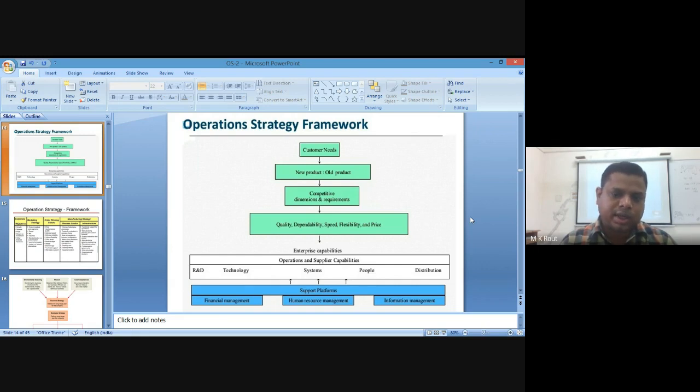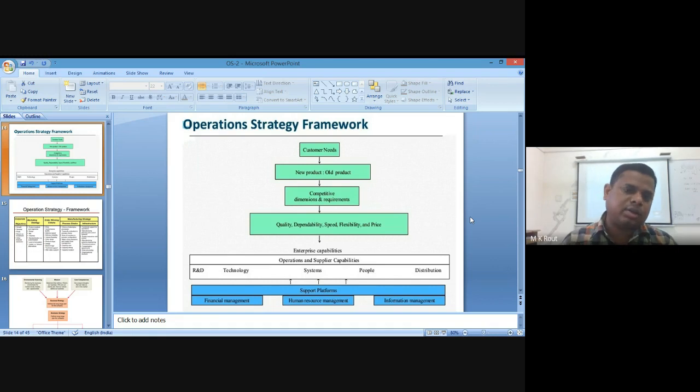So the support activities, starting from financial management, human resource management, and information management, directly enhance your research and development, technology, systems, more skilled people, and distribution strategy. That should directly enhance the operational as well as supplier capabilities for a particular enterprise.